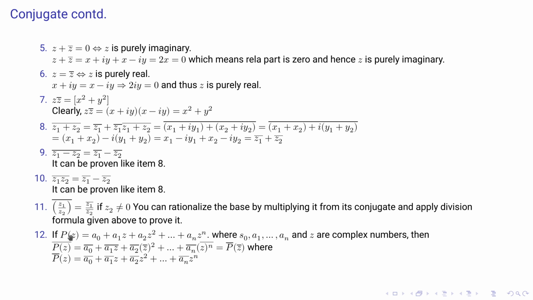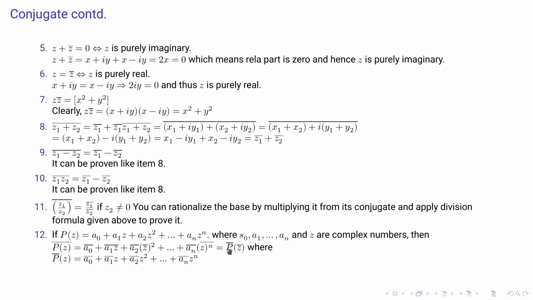Property 12 says that if p of z is equal to a0 plus a1z plus a2z square up to anz^n, where a0 up to an and z are complex numbers, then conjugate of p(z) is equal to conjugate of a0 plus conjugate of a1 conjugate of z plus conjugate of a2 conjugate of z square up to conjugate of an and conjugate of z to the power n.